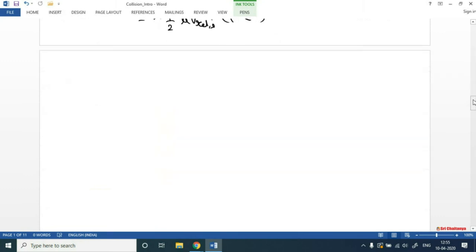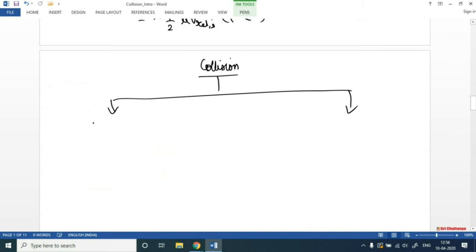So on the basis of this, the collision can be further divided into two broad categories, and one is known as elastic collision, and the other one is known as inelastic collision.